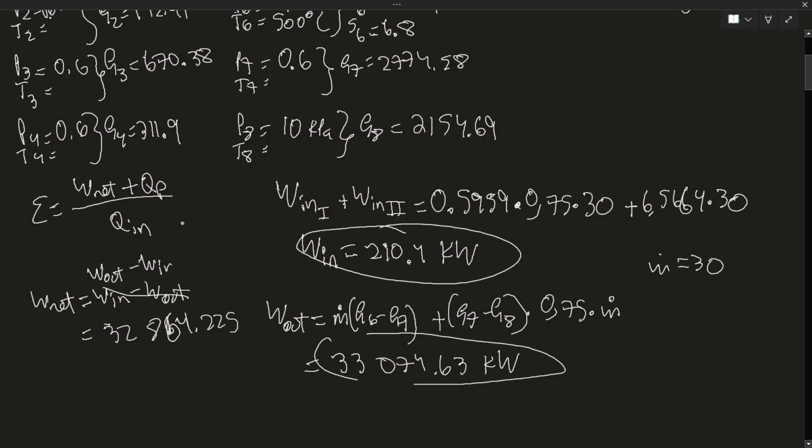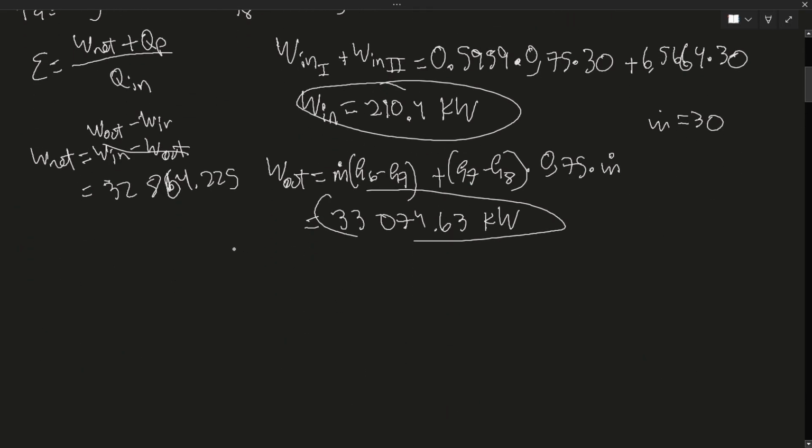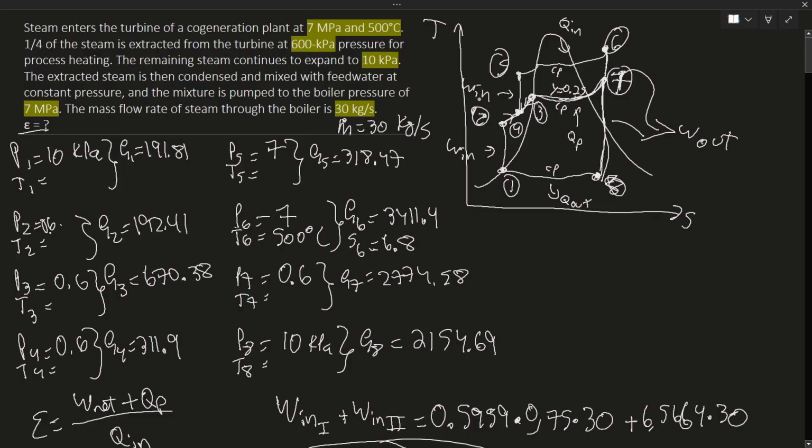All right, next for Q in, it's up over here, and since from 4, 5, 6 all the way to 7, you're considering it to be 100% of the water. So we're just going to take m dot. Q in is equal to 30 times H6 negative H5.